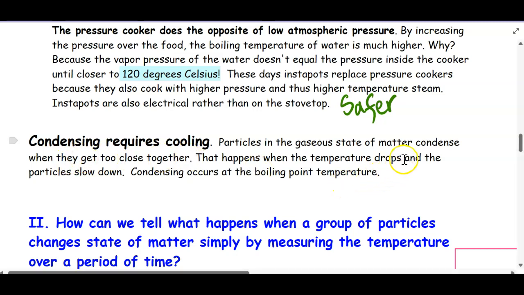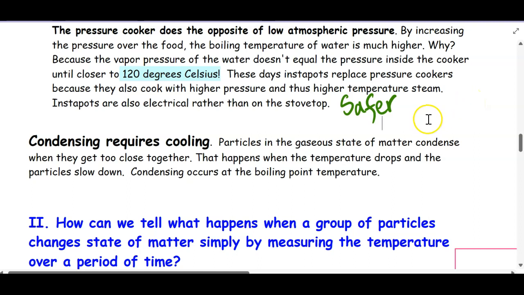That happens when the temperature drops and the particles slow down. If the temperature continues to drop and the particles continue to get closer together, that's when condensation occurs at whatever the boiling point temperature of the substance is. Whatever the boiling point temperature of the gas is, it will condense at that same temperature.